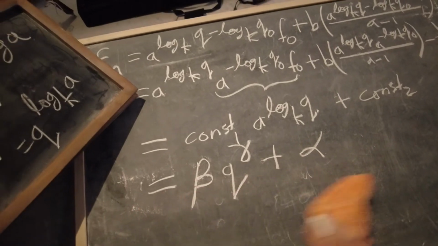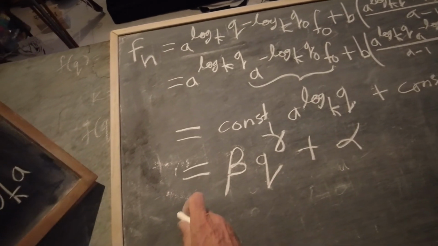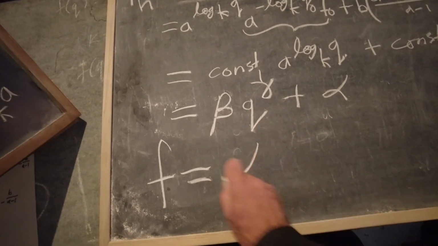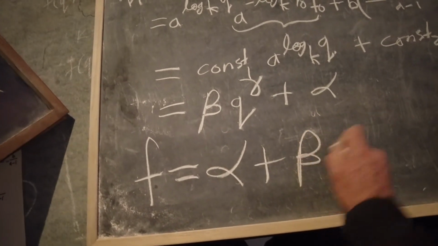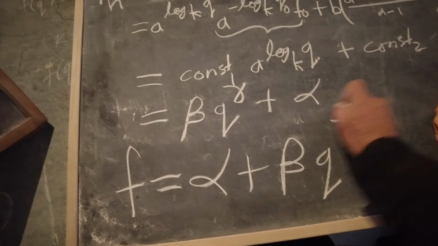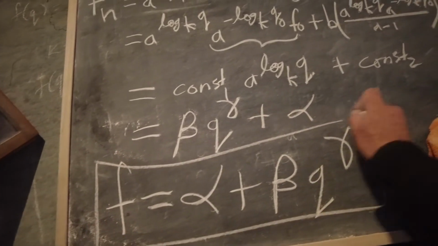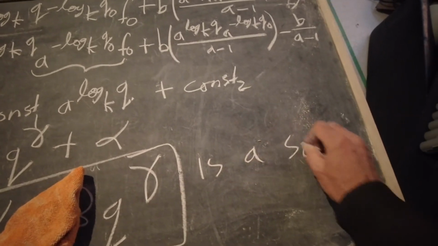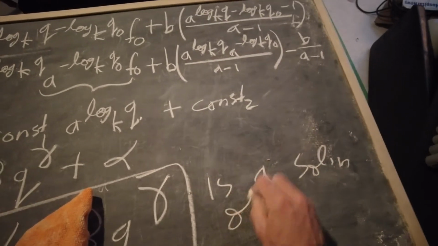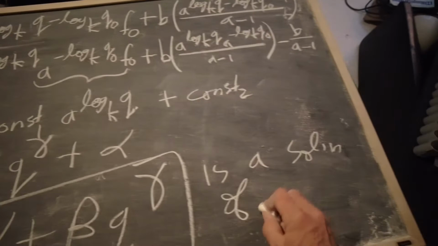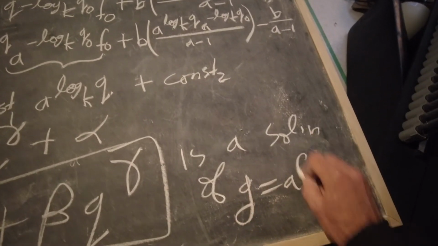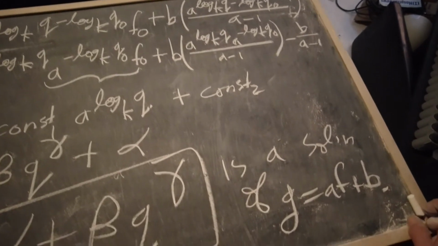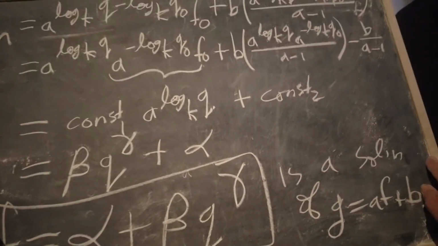So more generally, we can write that f equals alpha plus beta q to the gamma is a solution of g equals af plus b. So we've solved that simple comparametric equation again using the same fundamental principles.